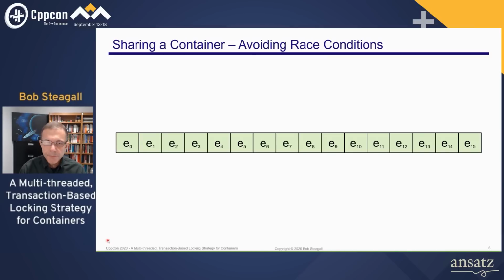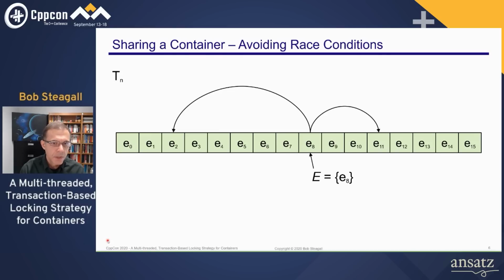So in graphical form, suppose that we have a set of elements. Here I've just listed 16. And I want to update E, and this is transaction N. Well, E8, which is the index of the element, is related to element 2 and element 11. And element 2 is related to element 1 and element 5.